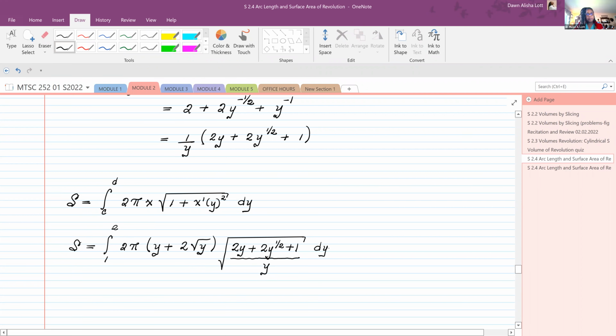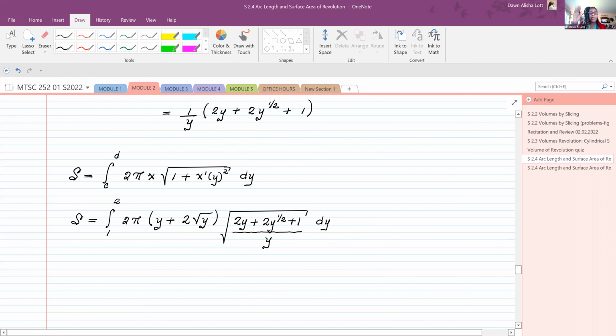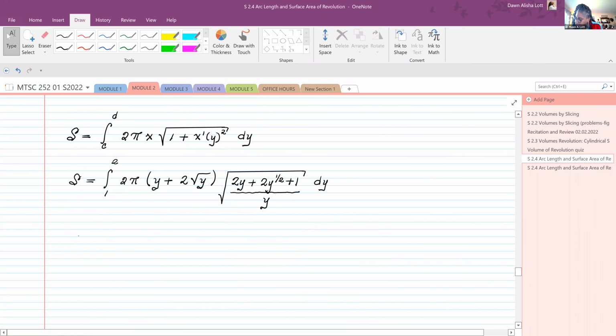dy. Now, we can divide the square root of y out. S is equal to the integral from 1 to 2 pi.